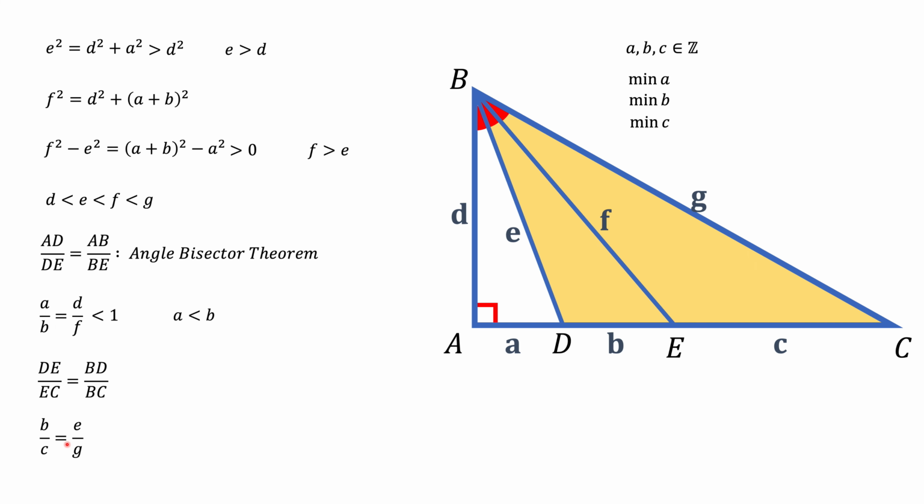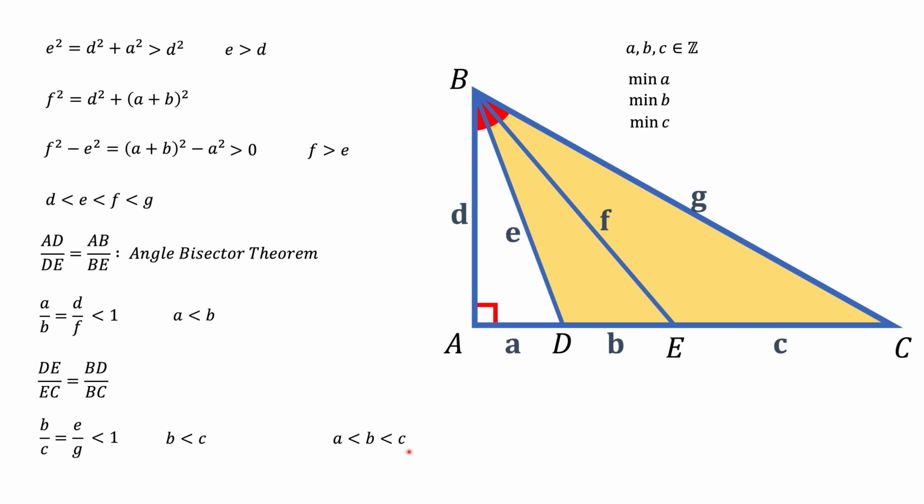And again, if you look here, we find that e over g has to be less than 1 because e is less than g. And that means that b has to be less than c. And if we combine these two inequalities together, we get what we're looking for. a should be the smallest one, b is bigger, and c is even bigger.